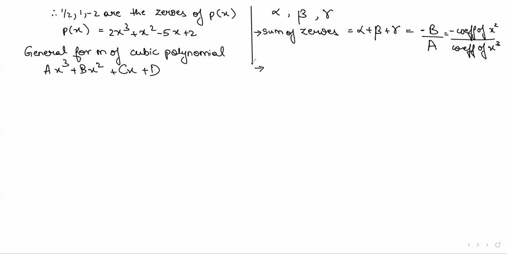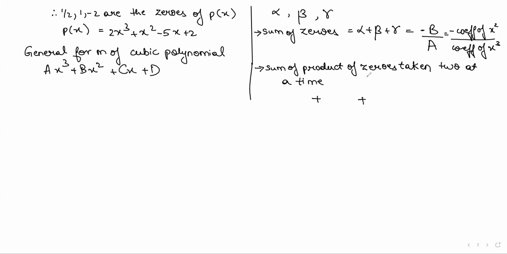Second is the sum of product of zeros taken two at a time. That means you're adding certain things. In these terms, you're taking products of zeros two at a time.